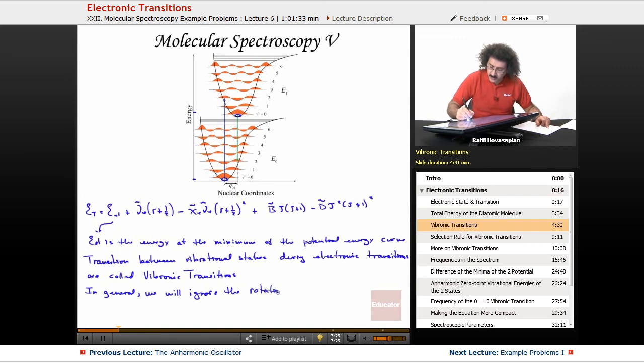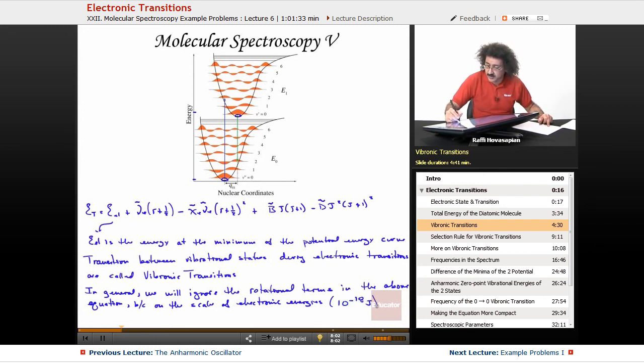And the reason is because on the scale of electronic energies, we're talking about 10 to the negative 18 joules.